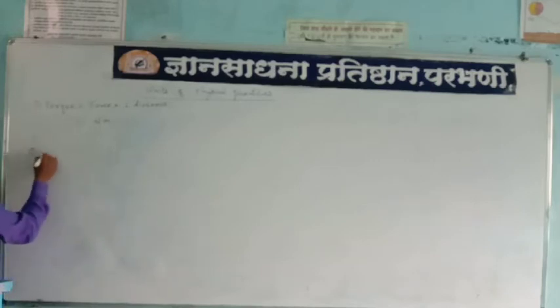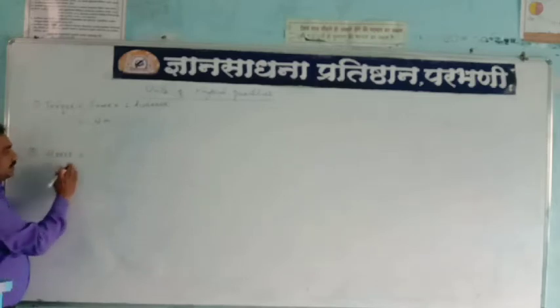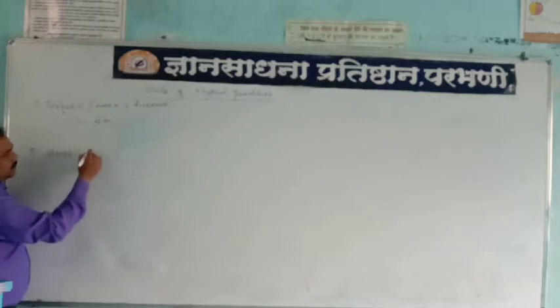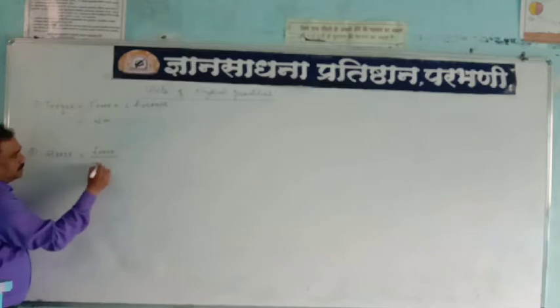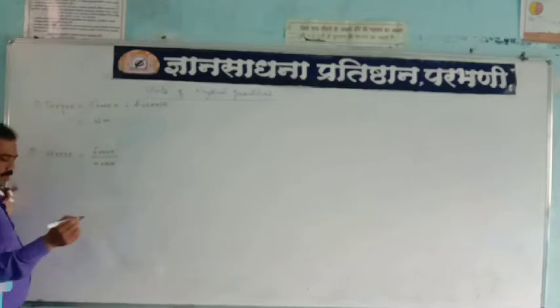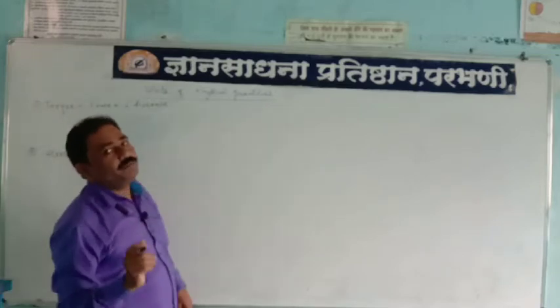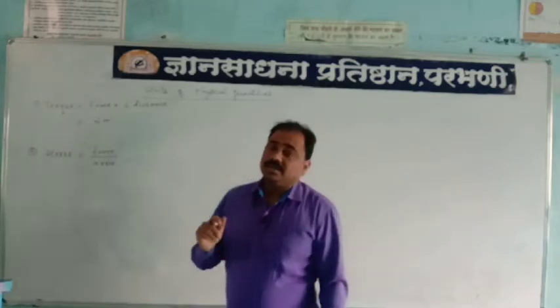So next one is stress. To find the SI unit for stress, put the formula for stress. Stress means force upon area. It is similar to pressure, because we already calculated the SI unit of pressure.